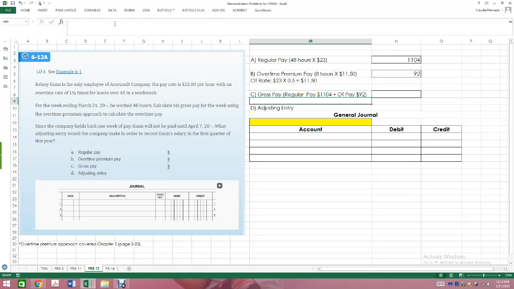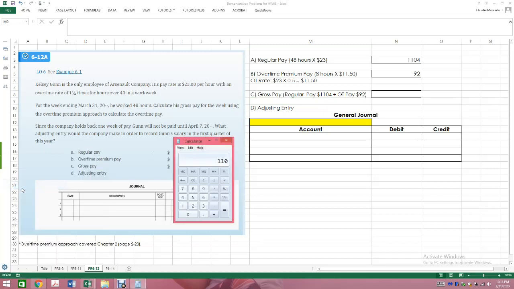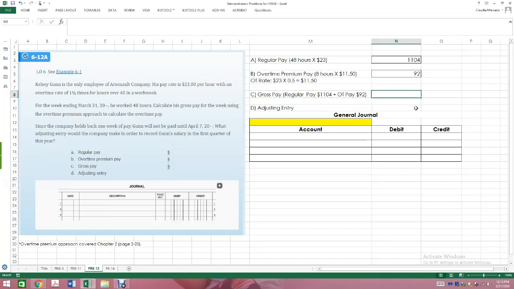Let's see how much that equals. That's 1,104 plus 92. That's $1,196. So that is the gross pay. That is how much the employee is going to be paid gross.